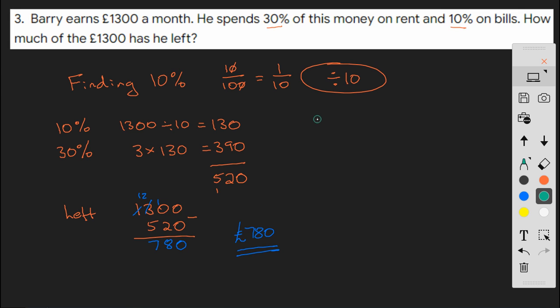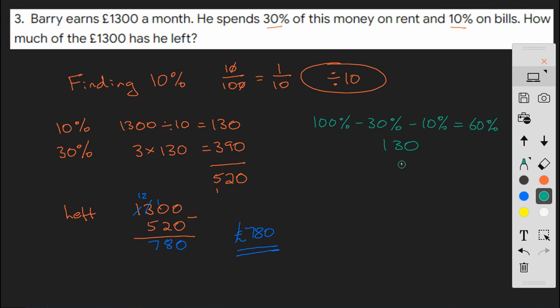Now, some of you may have noticed that I could have done that slightly differently, and I could have thought, well, we started with 100%, and if we took away 30% and we took away 10%, then what was left is 60%. So what is left is going to be 6 lots of my 130.